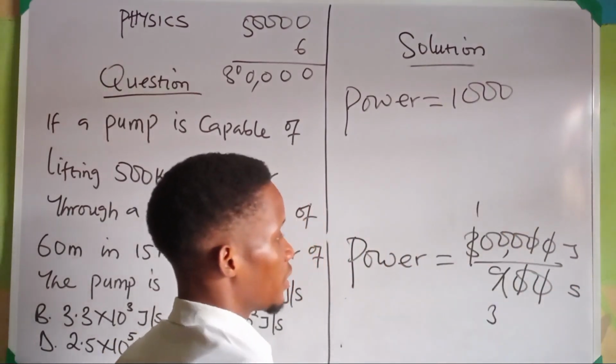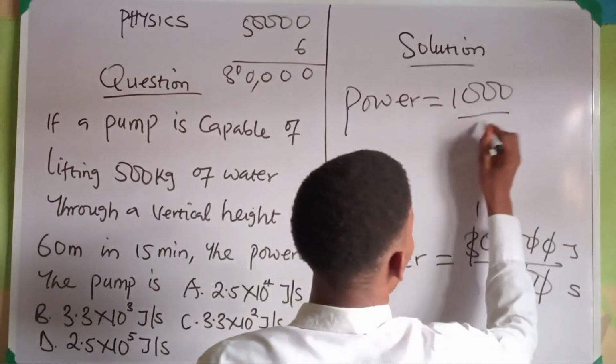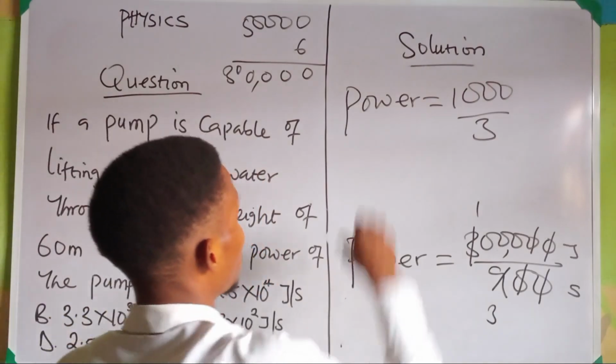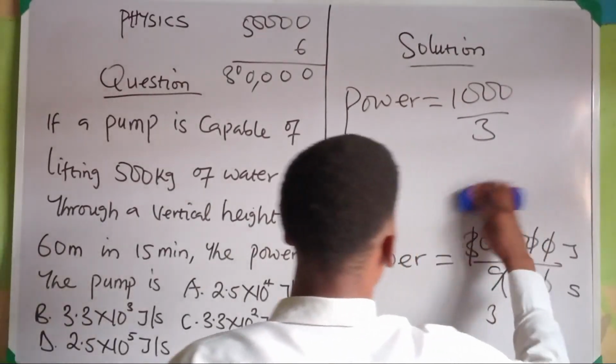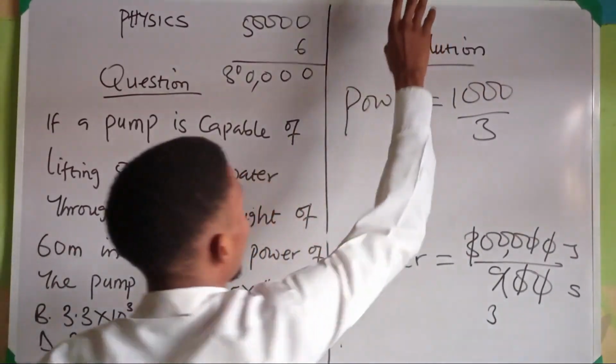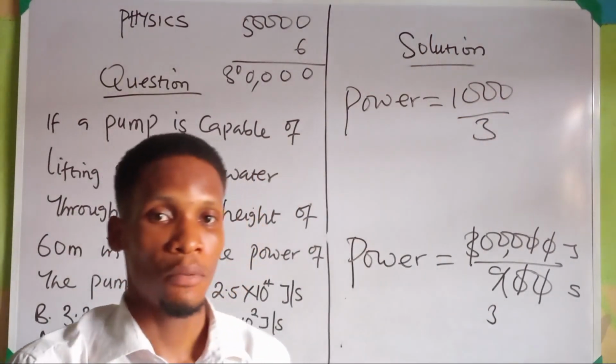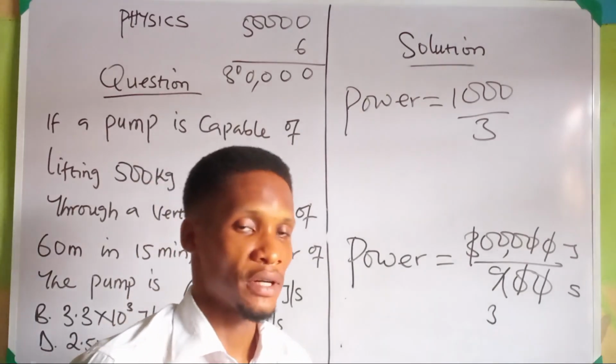That is 1,000 remaining here, all over 3. So how do we go about this for us to know whether we get an answer from the options, the correct answer? 1,000 divided by 3, you can punch your calculator, then you get the correct answer.